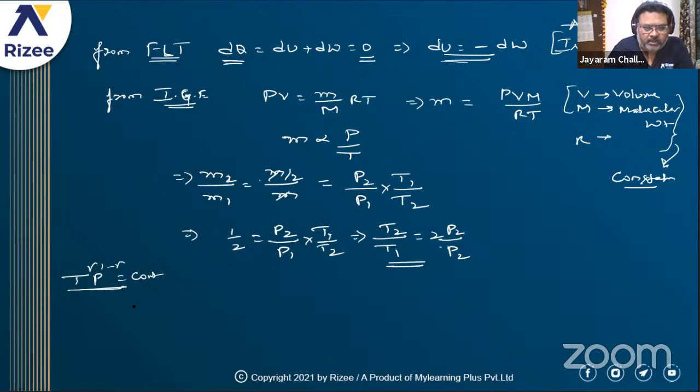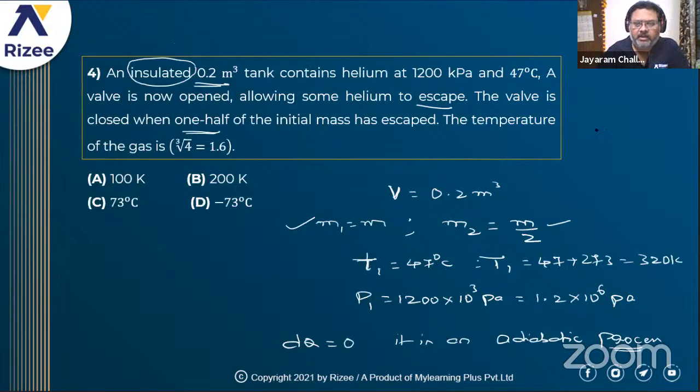From this relationship, T2 by T1 is equal to P2 by P1 whole to the power of gamma minus 1 by gamma. And what sort of gas is it? It's helium gas, and since it's a monoatomic gas, the gamma value for a monoatomic gas is going to be 5 by 3.